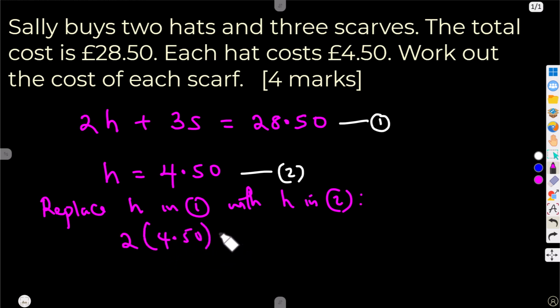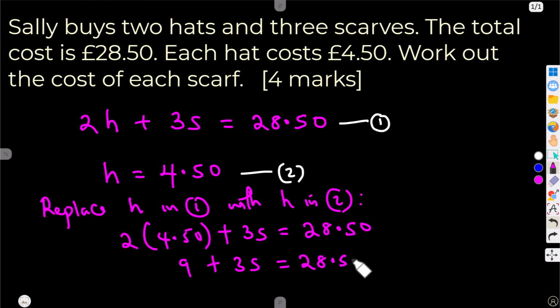So when I do that, this is going to give me 2 times £4.50 plus 3x equals £28.50. If you multiply this, you get 9 plus 3x equals £28.50.